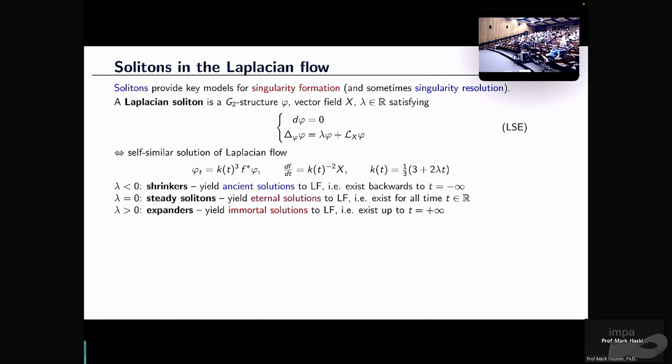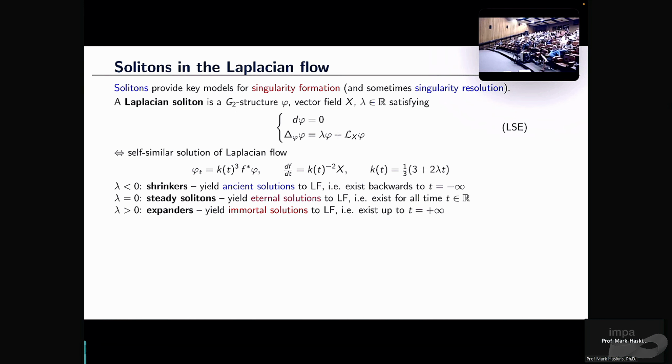So if lambda is negative, that's what we'll call a shrinker. In that case, this kappa can exist all the way back. So the solution can exist backwards to the time when this becomes 0 or negative, so this can exist back to minus infinity.